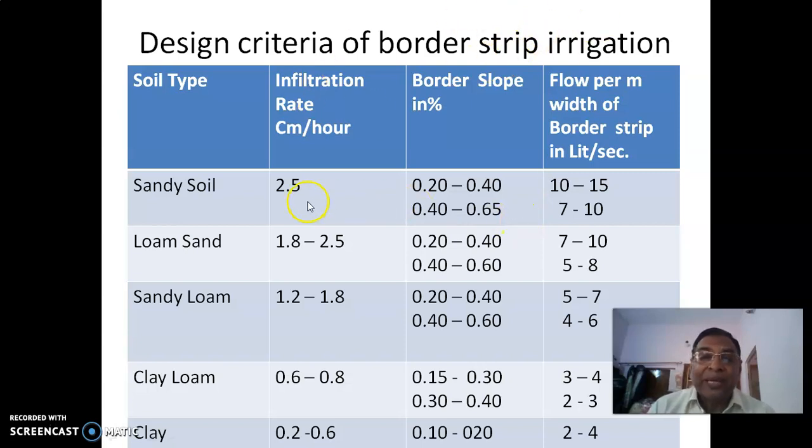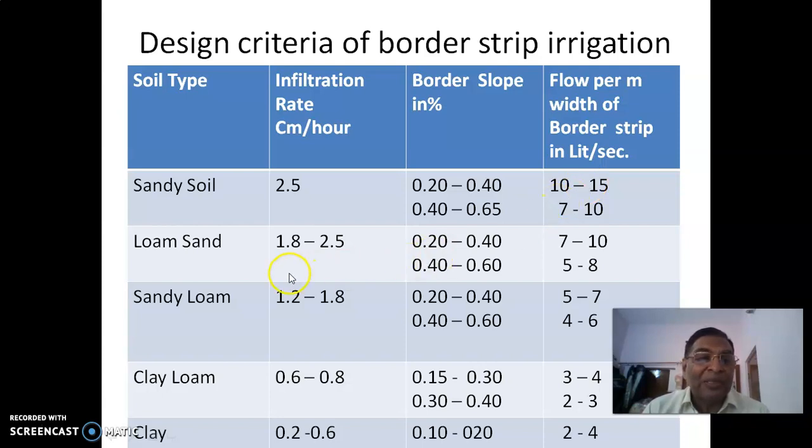For sandy soils with different slopes, as the percent of slope increases, there is less discharge because the water will move faster. If the slope is not so much, then a little bit greater discharge.